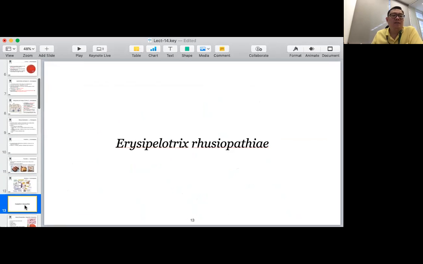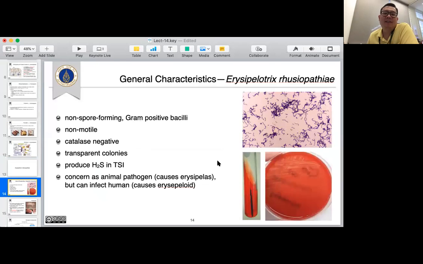Okay. The second one, Erysipelothrix rhusiopathiae. This bacterium is a gram-positive, non-spore-forming bacillus. So you probably see long bacilli. The colony is transparent. You probably have a hard time seeing a colony on blood agar.